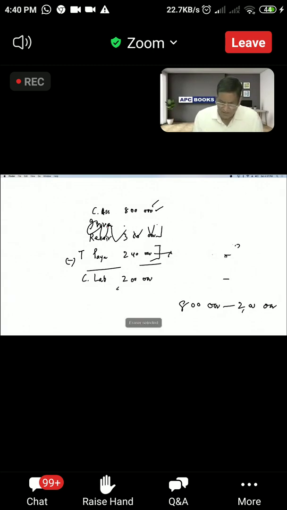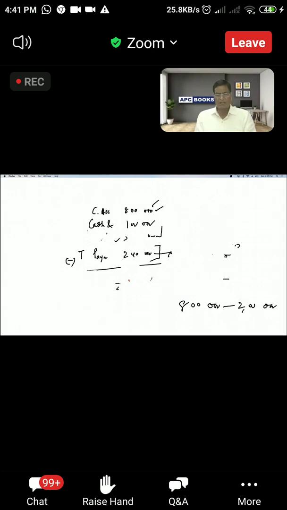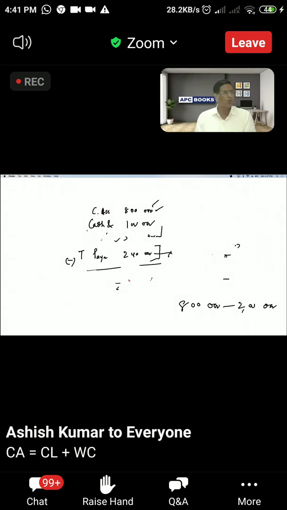Current assets 8 lakh. Cash and cash equivalent 1 lakh. Trade payables 240.